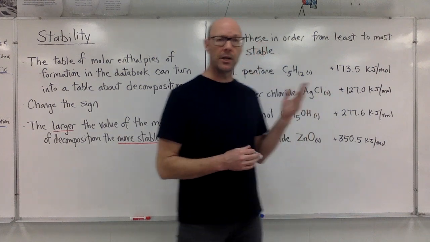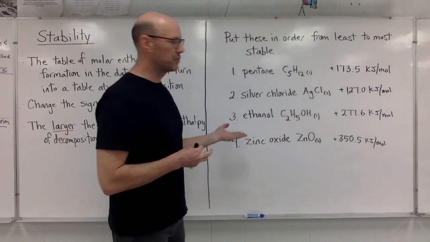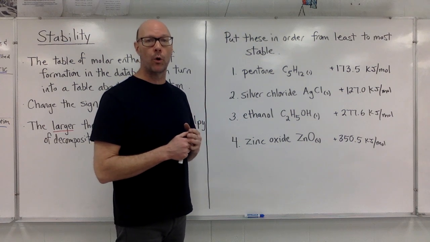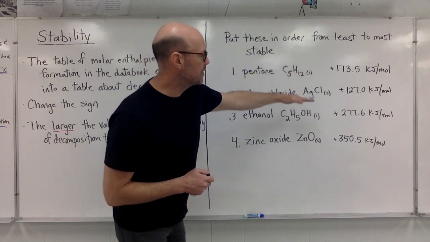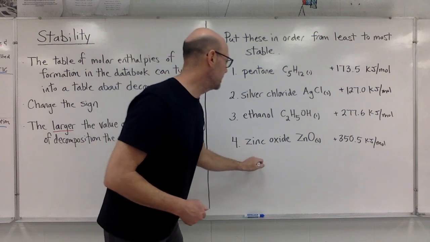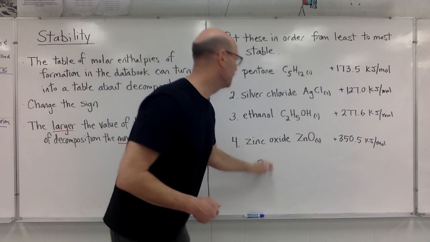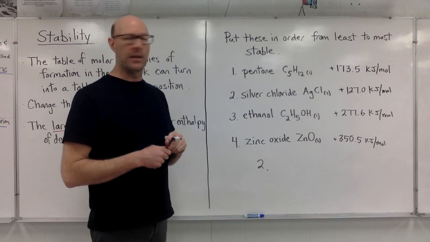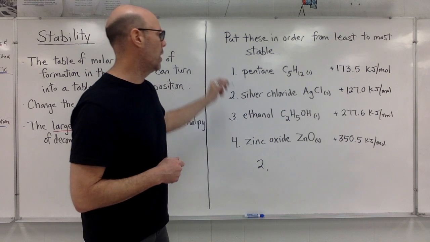So now I took my time, looked up those values, changed the sign, and I'm just putting them in numerical order. The smallest value will be the least stable, which is number 2. The silver chloride is the least stable. The next one is number 1.